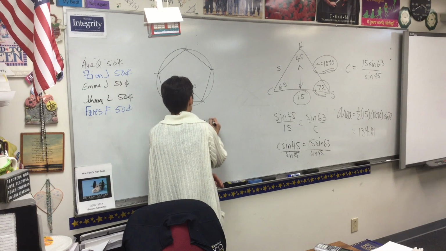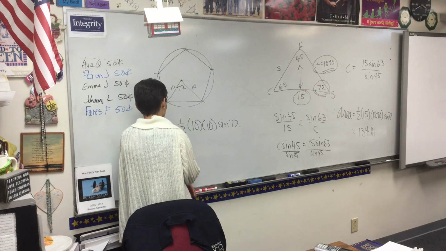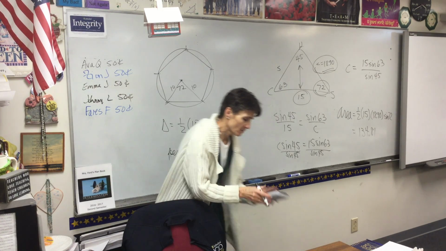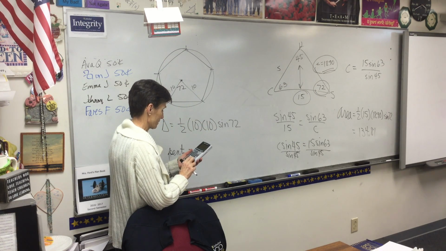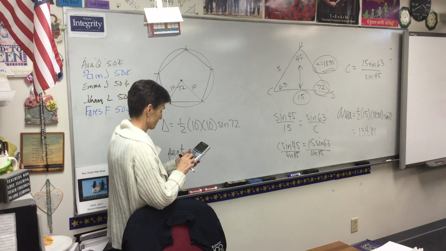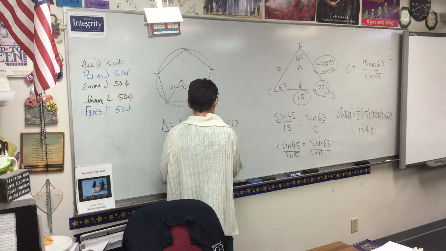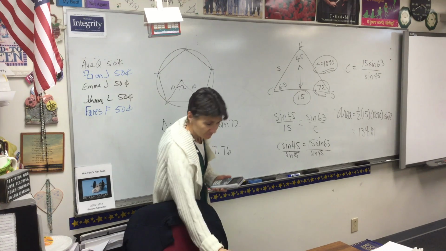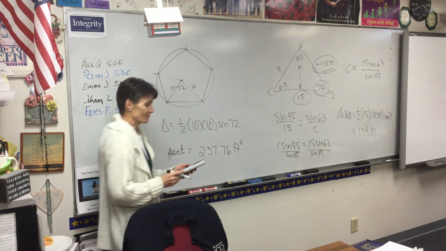I got it. Well, I hope so. Let's see if I got what you got. What'd you get, Ferris? I got 237.76 feet squared. That's it.